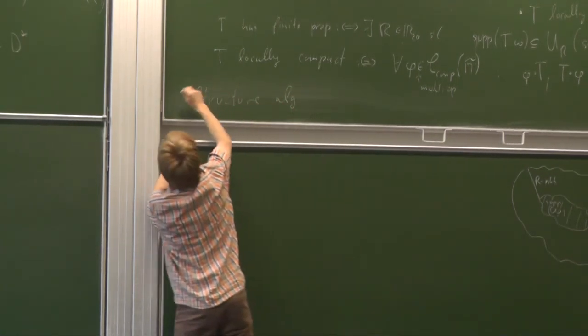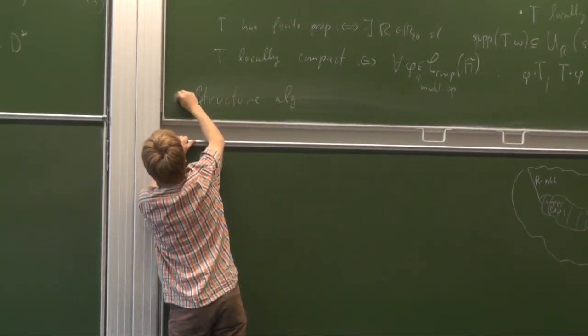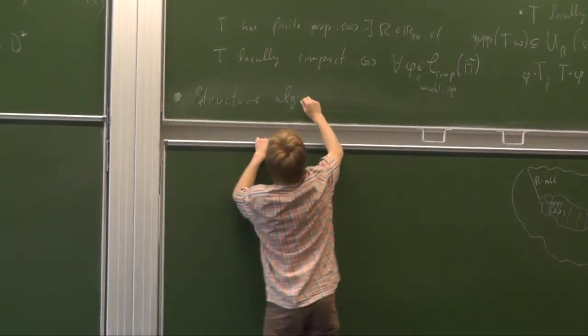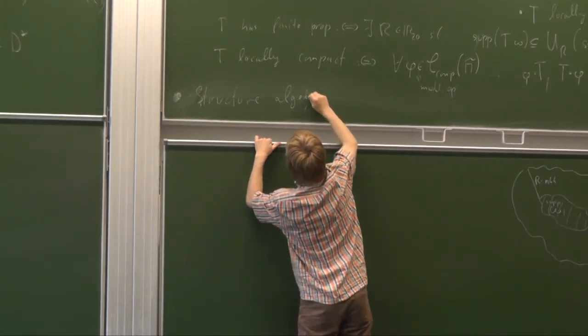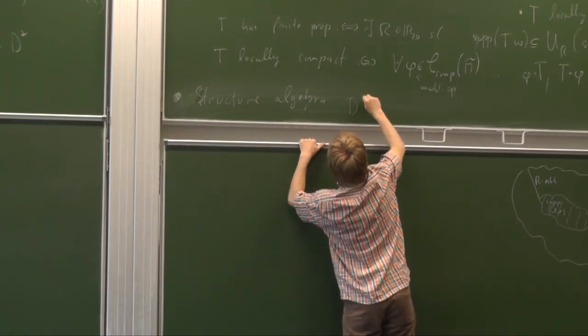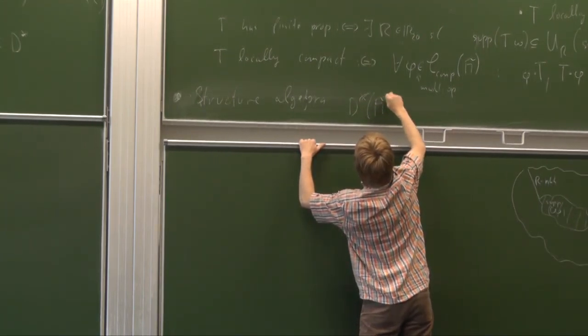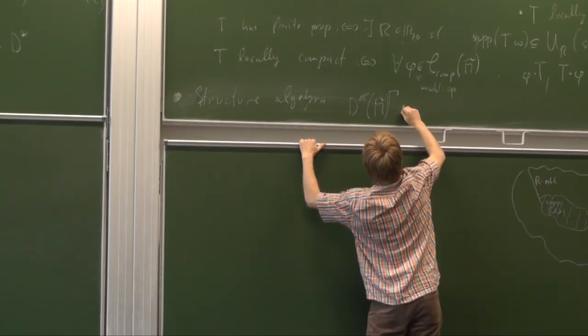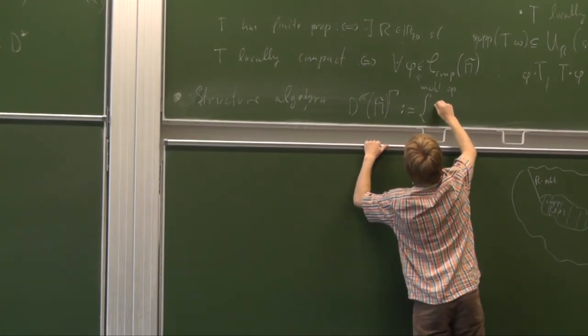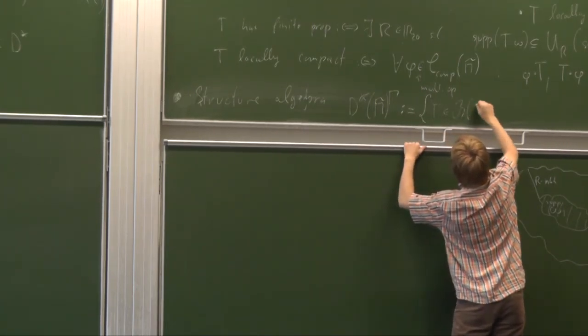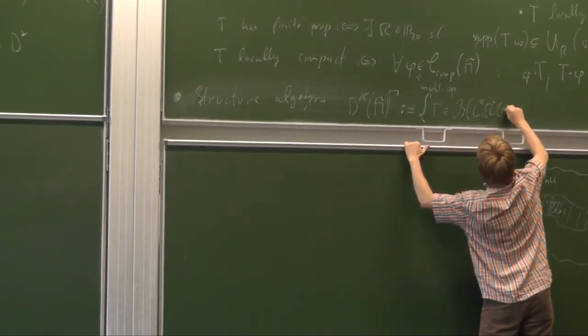so we're still in the definition part. Structure algebra. D star of M tilde gamma is defined to be all bounded operators on the L2 forms.